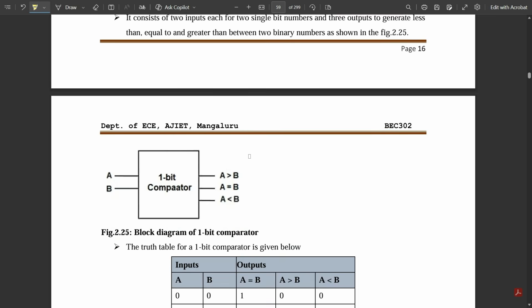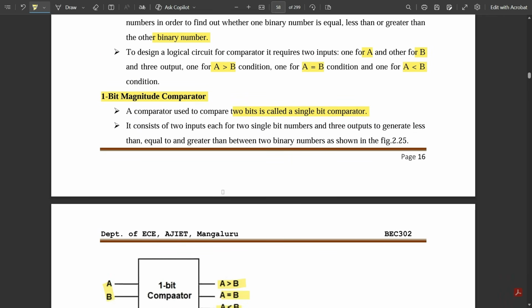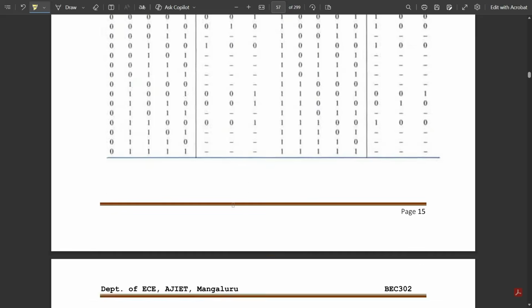I've told you already, for a one bit magnitude comparator, the two inputs they have taken here are A and B, and the three conditions are A greater than B, A less than B, A equal to B. Okay, so this is the basic block diagram of a one bit magnitude comparator. Okay, don't get confused between the one bit comparator and the magnitude comparator.